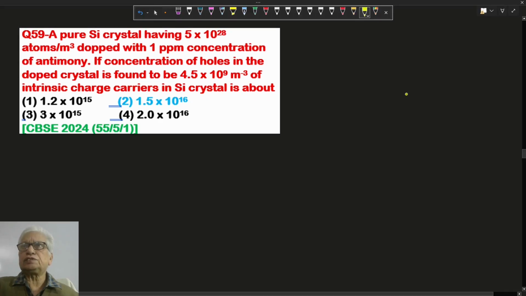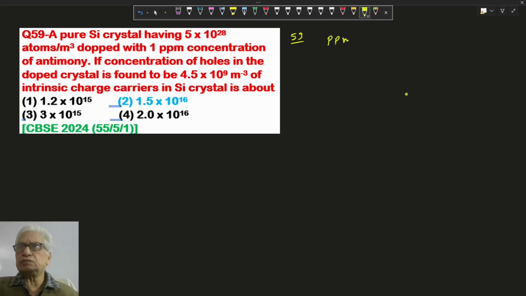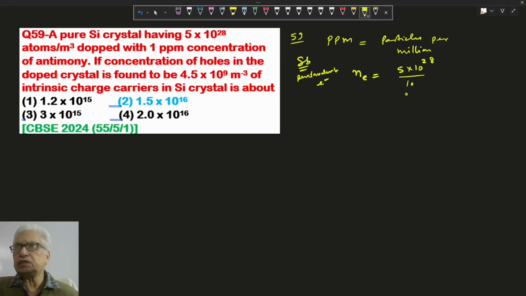Hello, in this question, 1 ppm means 1 part per million. Here antimony, a dopant belonging to group 15, is pentavalent, so it is giving the electron. Here the concentration of electrons is 5 into 10 to the power 8 per million, so 5 into 10 to the power 22 per meter cube.